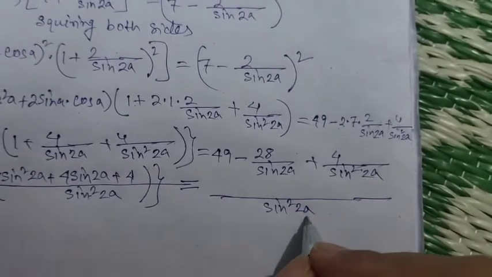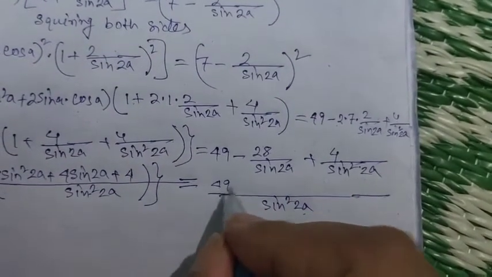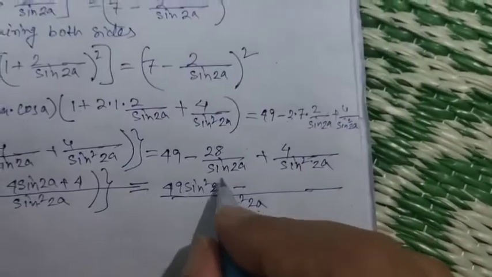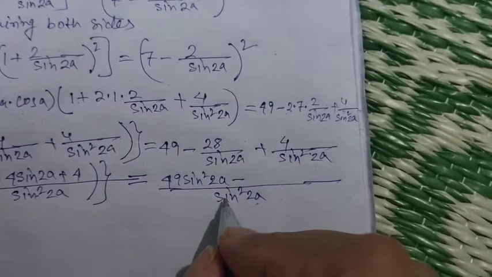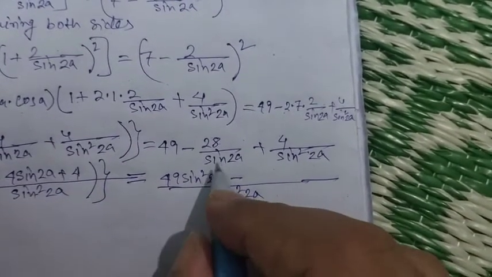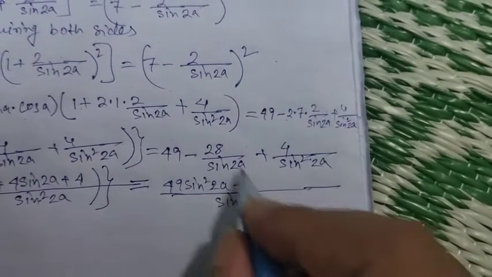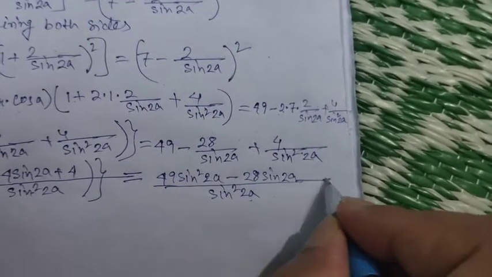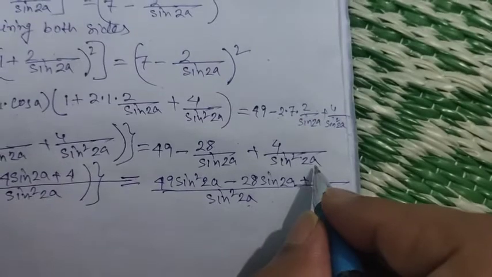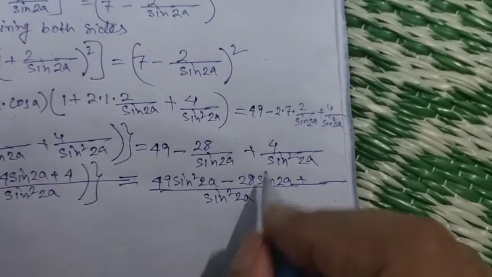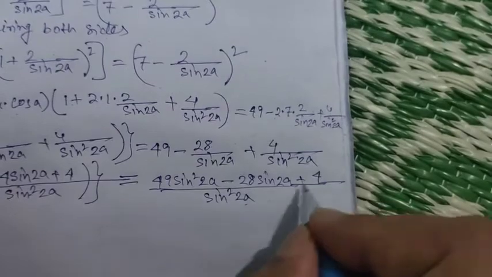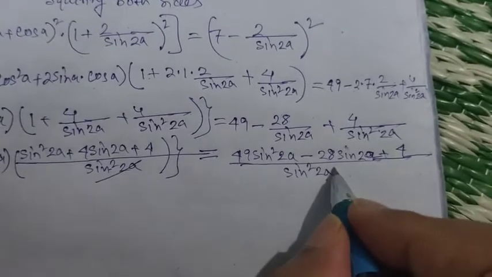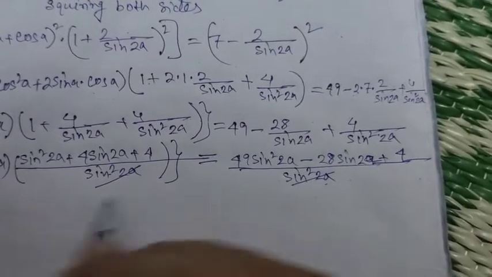Now sin square 2A will be multiplied with 49, sin square 2A minus, first we will divide sin square 2A by sin 2A, then we will get sin 2A, and then sin 2A will be multiplied with 28, then we will get 28 sin 2A plus 4 sin square 2A divided by sin square 2A, 1 will be multiplied by 4. That result we will get. Now next, sin square 2A and sin square 2A will be cancelled from both the sides.